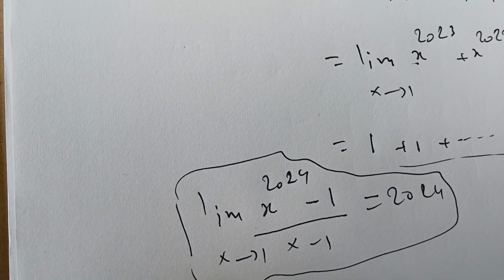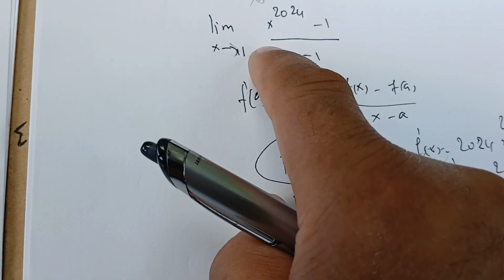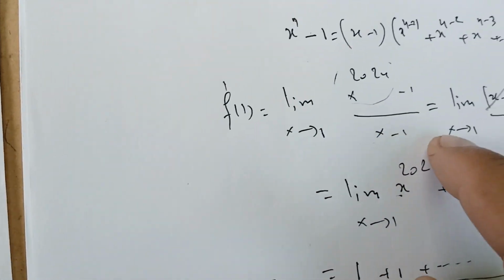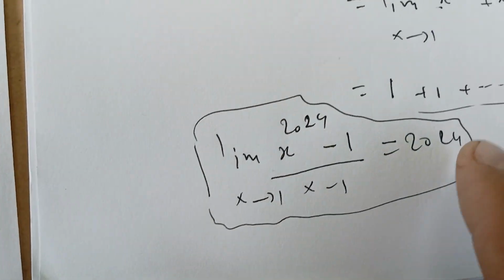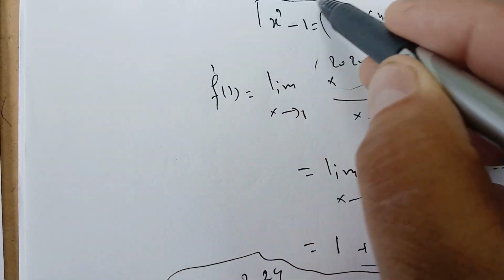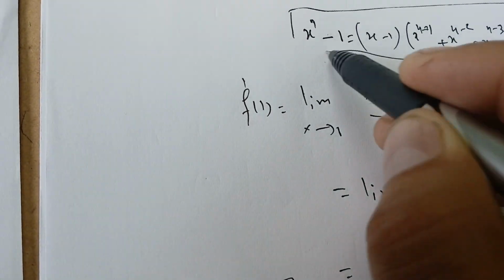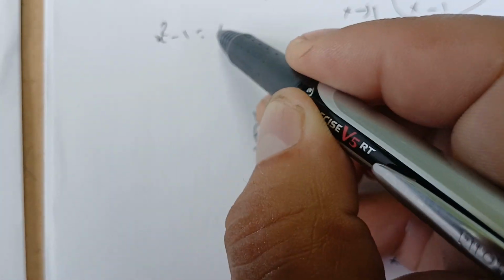So both ways, either using the definition of the derivative and seeing that we are just taking the derivative of x to the power 2024 at 1, or we can just use algebra, pre-calculus and algebra 2, and get to this limit. Remember this one here, because sometimes you have x squared minus 1 is x minus 1 times x plus 1.